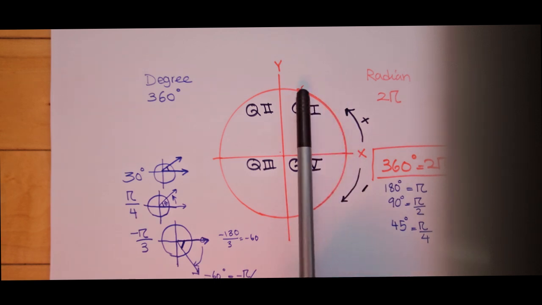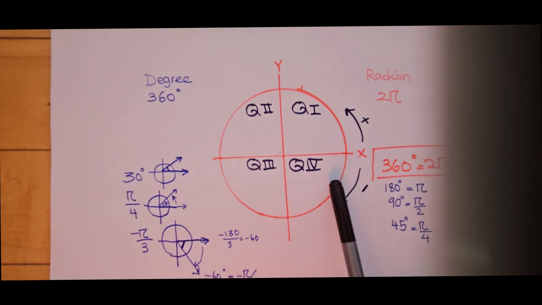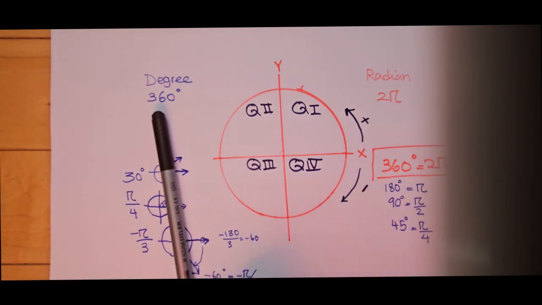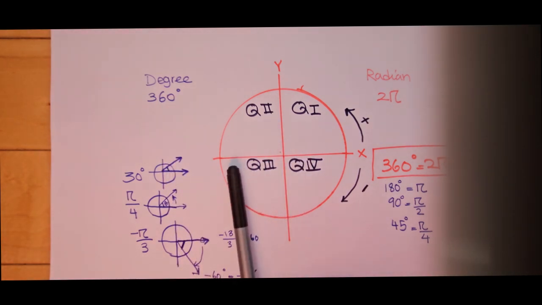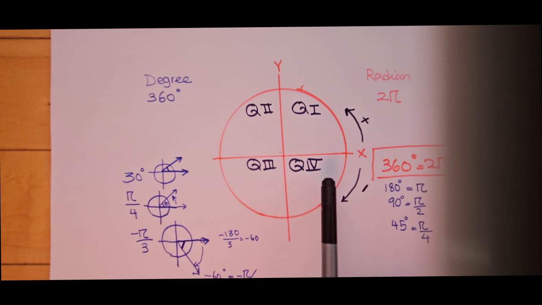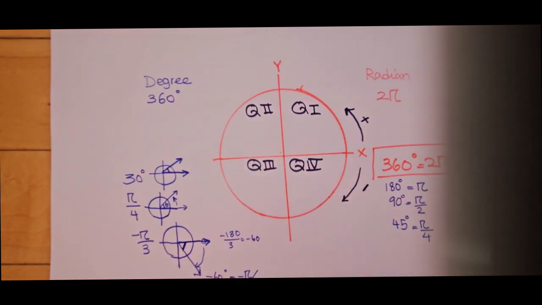Remember guys, if I start from here and go one revolution, one round the circle, that would be 360 degrees in degree. This is one very famous and common unit. So each round of a circle, each revolution, starting from here all the way to here, would be one turn, one revolution, and it would be 360.